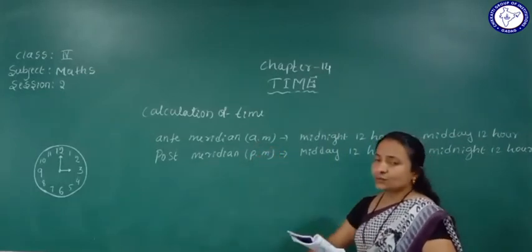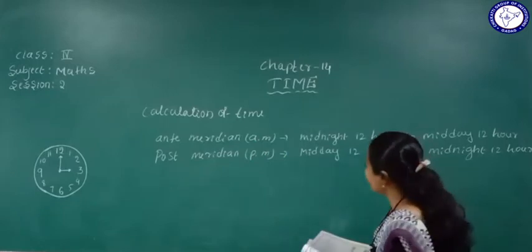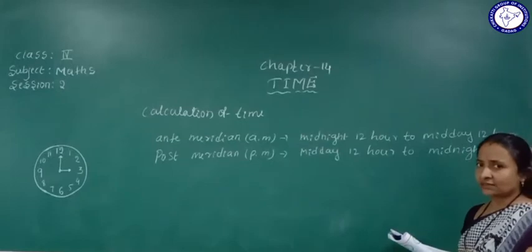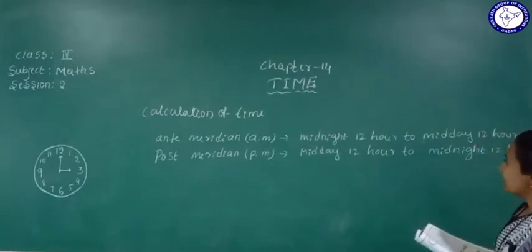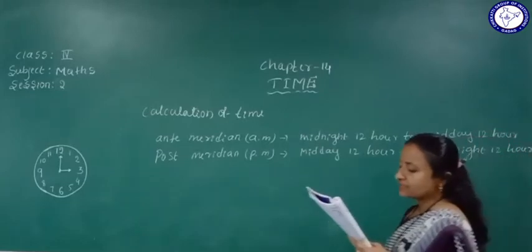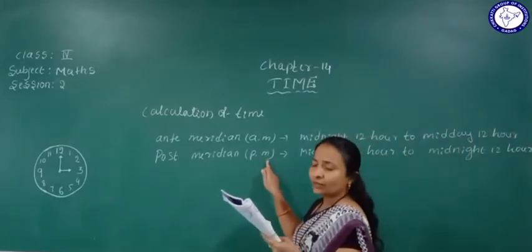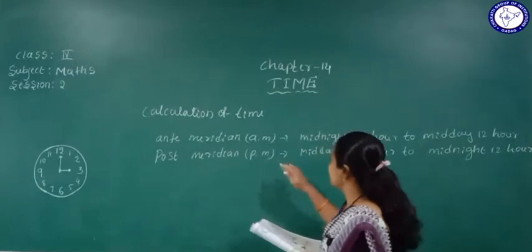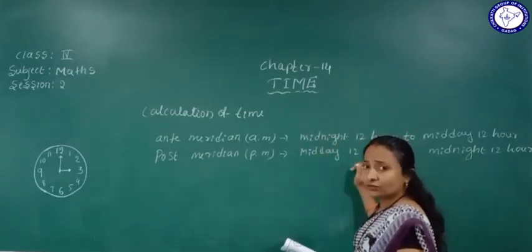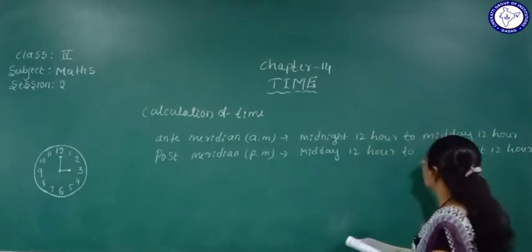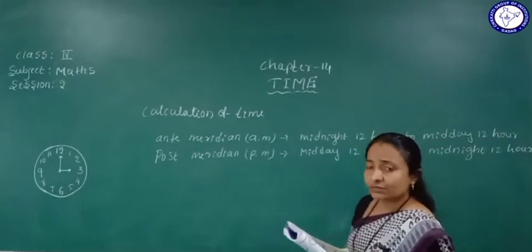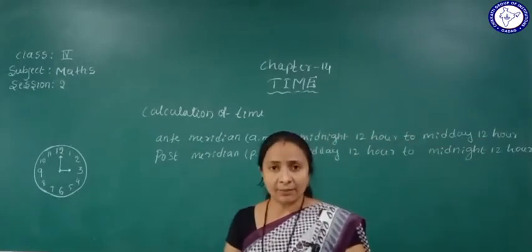And what does PM, post meridian, mean? Midday 12 hours to midnight 12 hours. Midday 12 hours to midnight 12 hours, we call post meridian, that is PM.